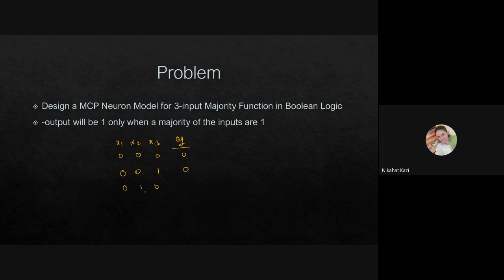Are you getting this? Either 2 of the inputs should be 1, or all 3 should be 1. Okay, this is the kind of truth table that you get, right?